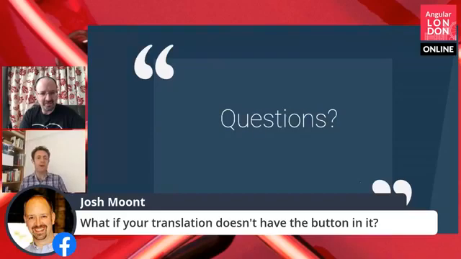Yeah, so I see. The original source has a button, but the translation doesn't have the button. For whatever reason, or any other element. You can always remove elements from a translation, and you can move them around. What you can't do is add additional elements.